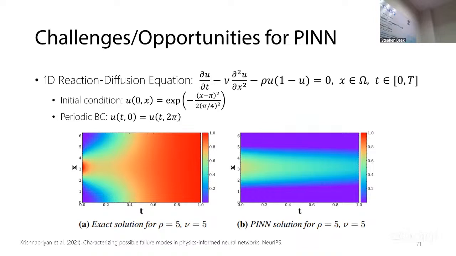All right, so here's another canonical benchmark, again from the same review paper. Now we consider the 1D reaction diffusion equation. The reaction diffusion equation is an equation where, again, we have a physical quantity that evolves over time, and it is still 1D.